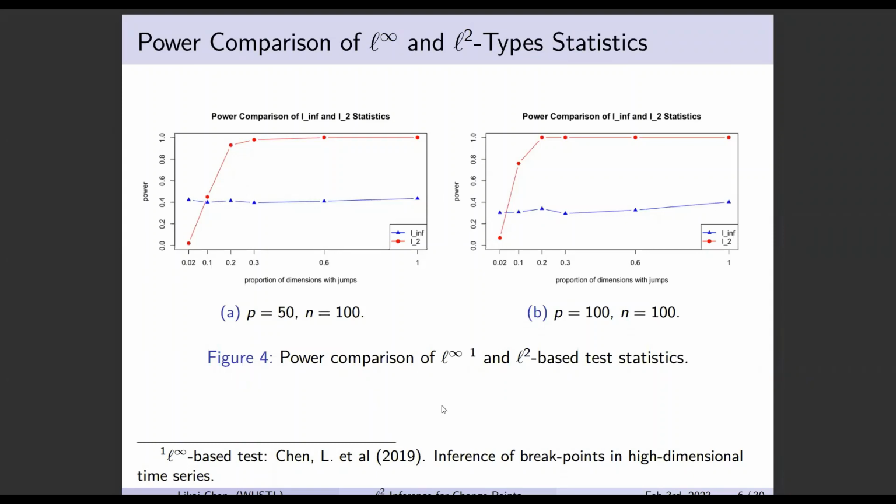From the picture, you can see that if the proportion is greater than, say, in the first example, 0.1, then L2 is more powerful. And in the second example, when the dimension P is even larger, the proportion needed for the L2 statistic to be better is even smaller. So this is the main reason that we consider the L2 type of statistic here.